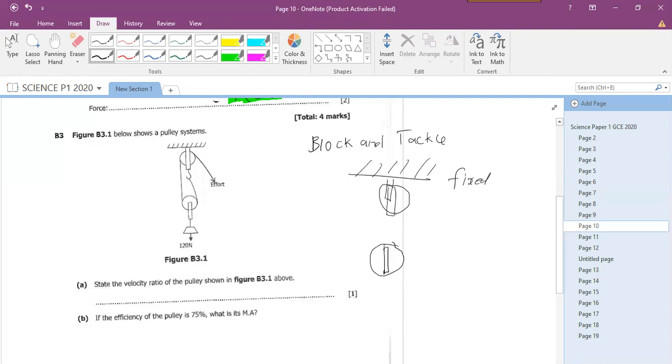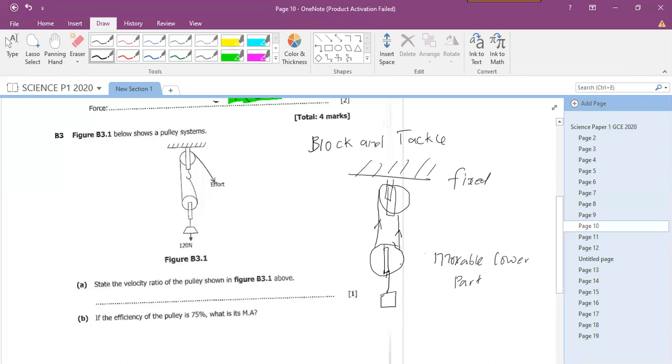With this type of pulley, it's a 2 pulley system because there's a rope here that's supporting this lower movable pulley, and the other one that goes directly like that. So these are the 2 ropes that are supporting this lower part. This is the movable lower pulley, and this usually attaches a load there, like so.